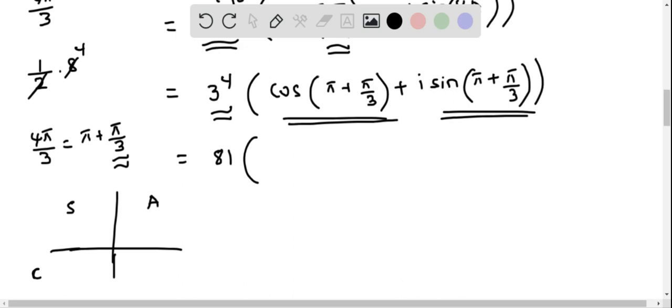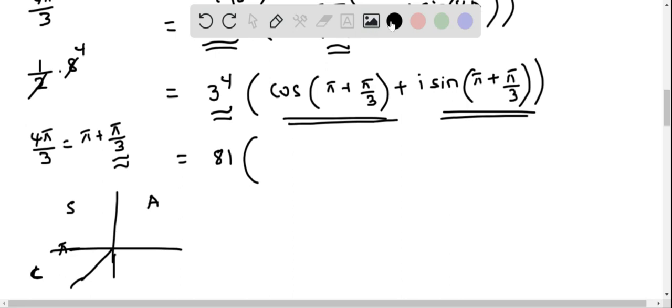Since pi plus pi by 3 basically lies in quadrant 3, this is pi, and this will be pi plus pi by 3.